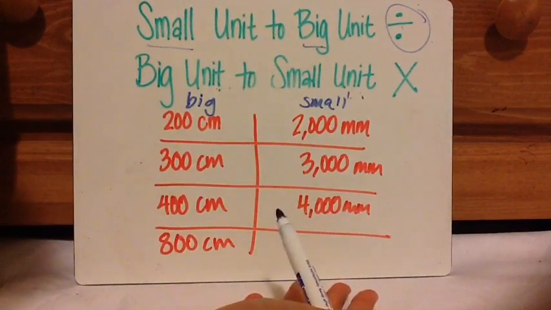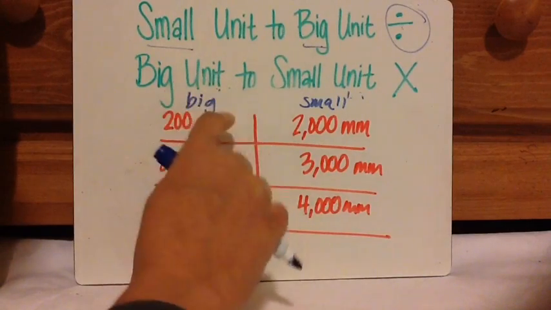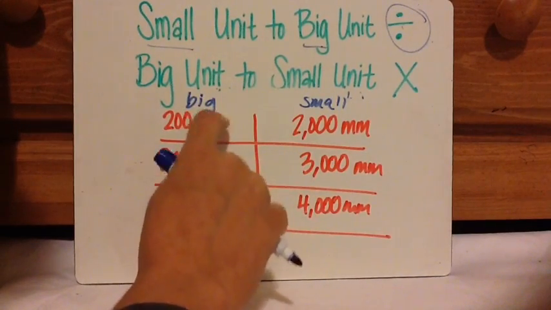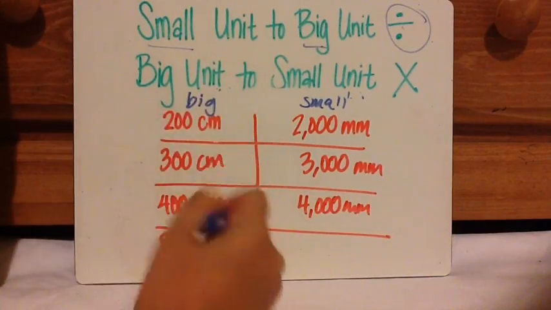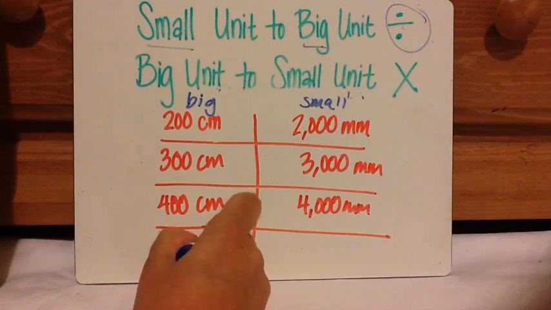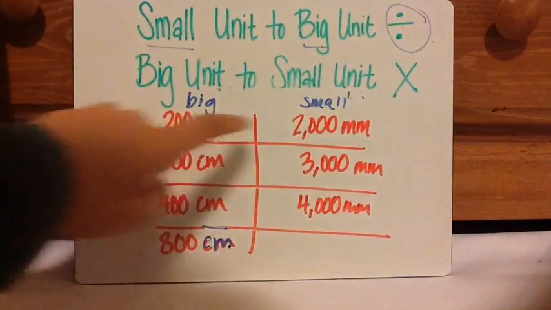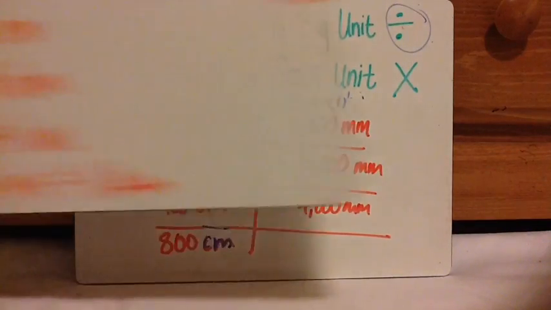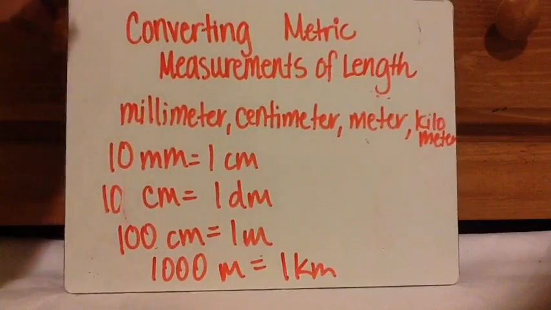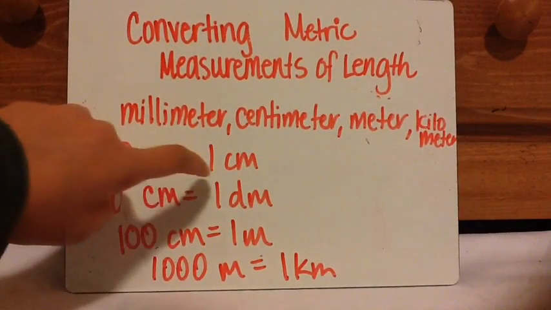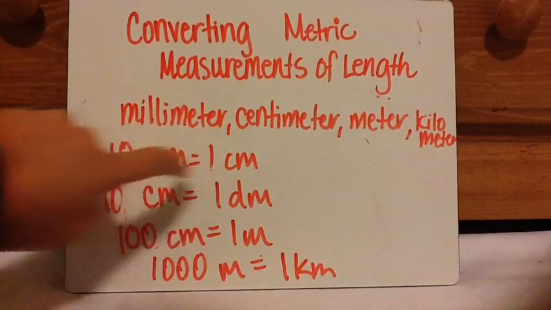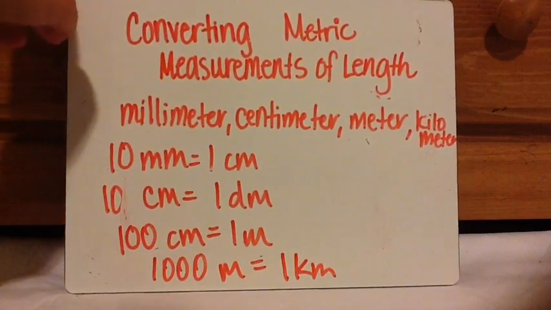Even though a centimeter is small, compared to a millimeter, this is the bigger unit. So please remember that. Just because a centimeter seems small next to a kilometer, you look at what two units you are comparing. So this is greater than that. Every 1 centimeter is filled with 10 millimeters.